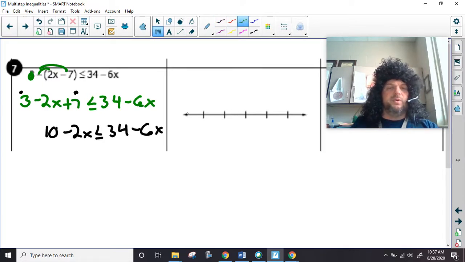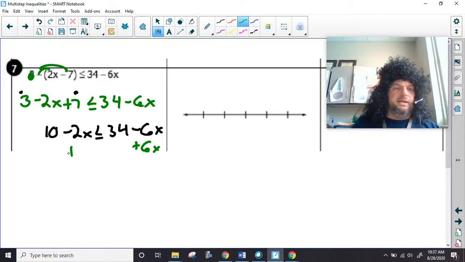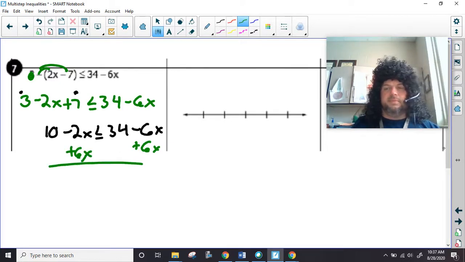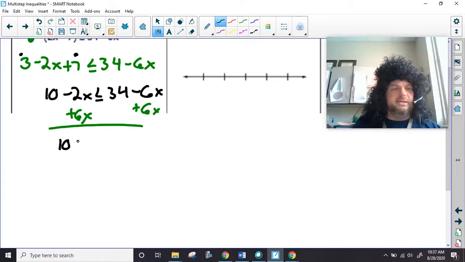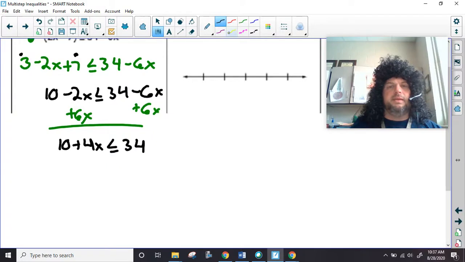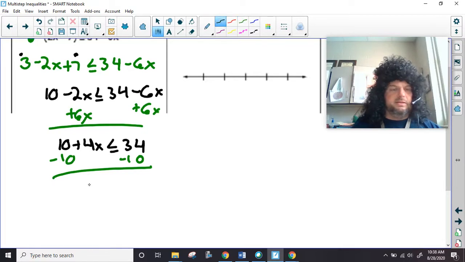All right, so now I'm going to add that 6x to both sides because remember I want stuff to the left. Add 6x, add 6x. So I have 10 plus 4x less than or equal to 34. I'm going to subtract the 10. 4x less than or equal to 24.